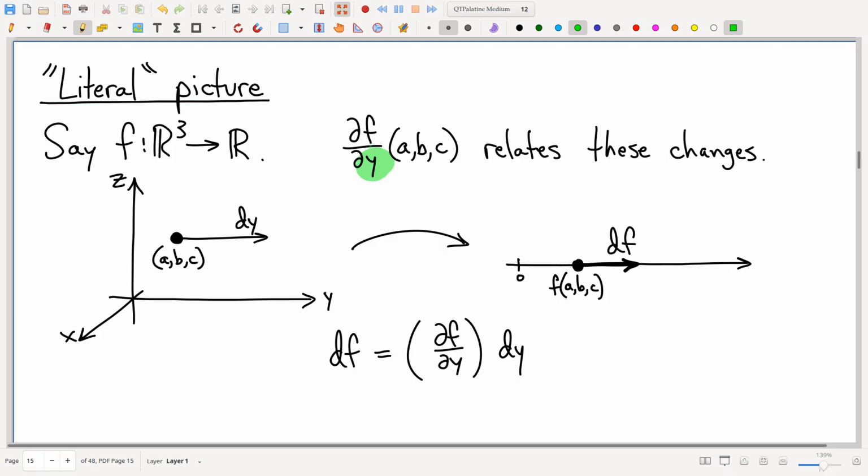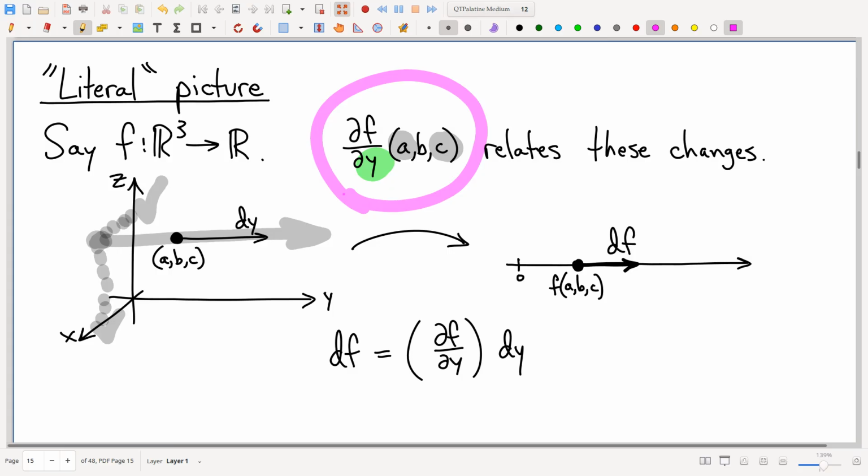If we're taking the y partial, then x and z remain constant, which means that I'm moving only in the y direction, because x is fixed and z is fixed. Having made that observation, how do you think about the derivative? What is the single variable derivative of this function of the single variable y?